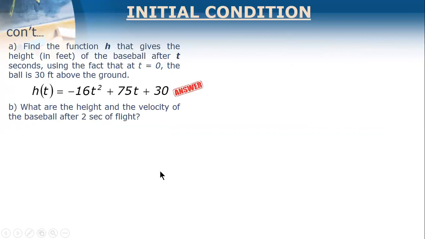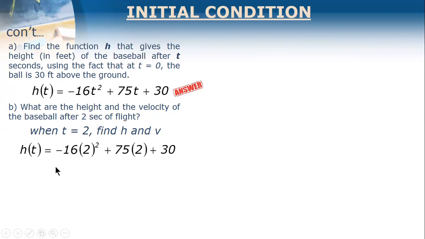Letter B, what are the height and the velocity of the ball after 2 seconds of flight? So, when t is equal to 2, find h and v. From this expression, we will just substitute t equal to 2 in the expression of h, and we can solve for h.